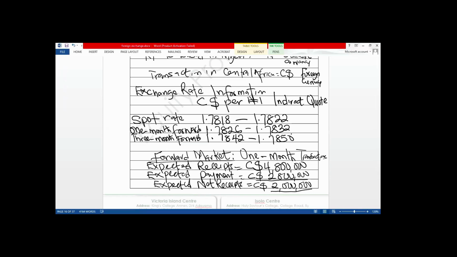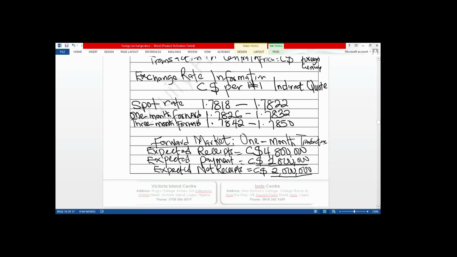Now the question is, which one are you going to select for this transaction that will happen in 1 month's time? Are you going to pick the low rate or the higher rate? To answer this question, you need to identify the buyer and the seller.